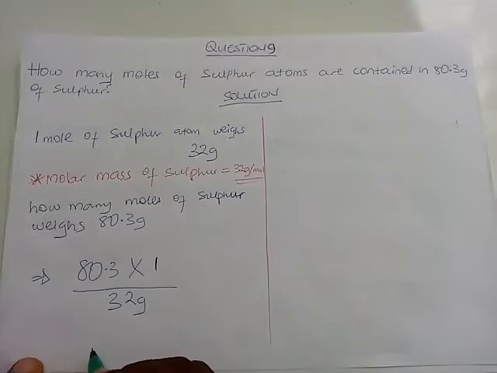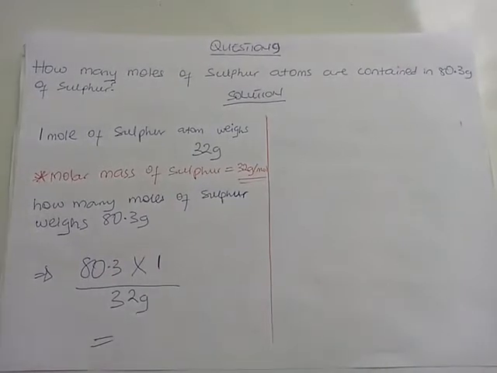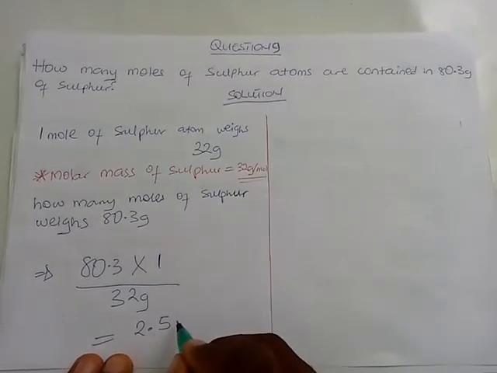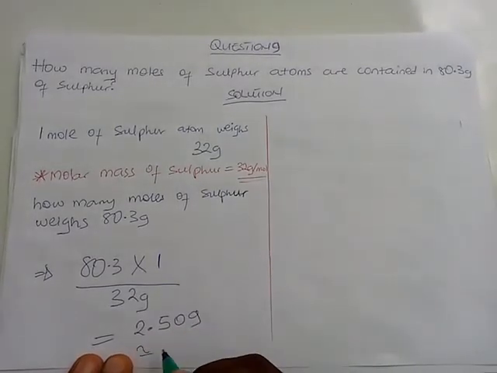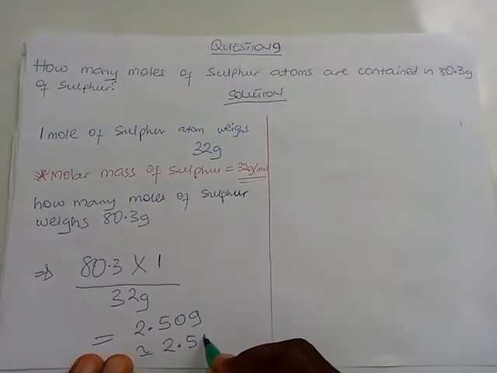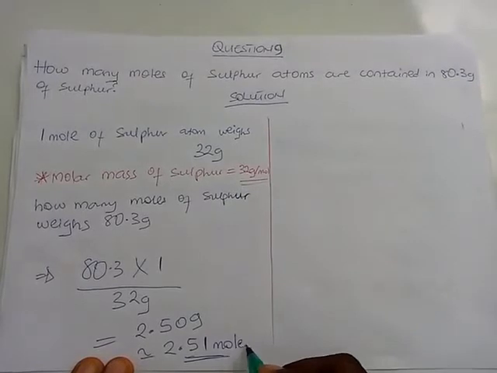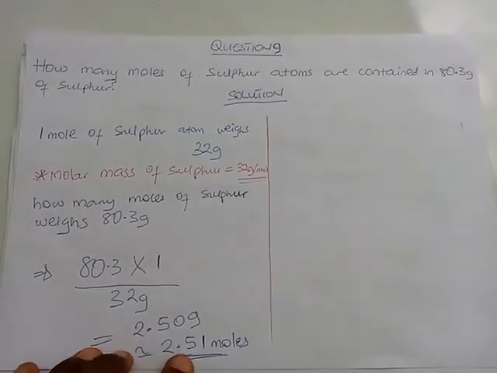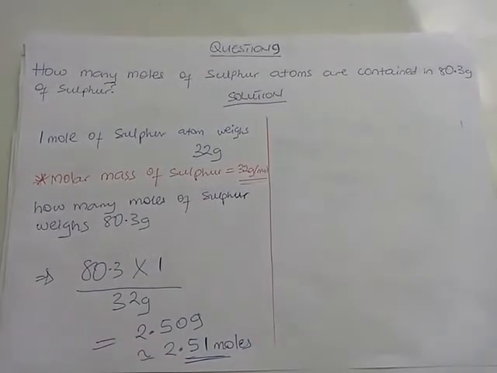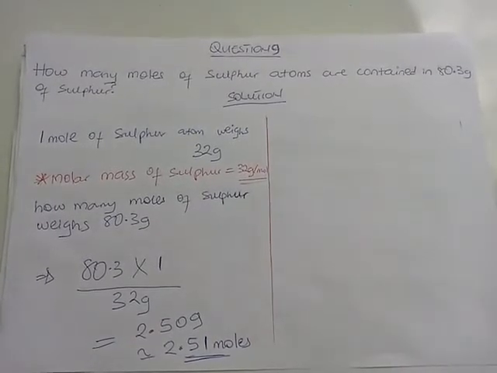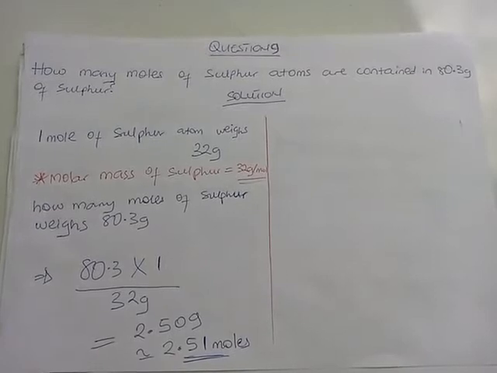That is equal to 2.509, which is approximately 2.51 moles. So 2.51 moles of sulfur will weigh 80.3 grams, or contains 80.3 grams of sulfur.